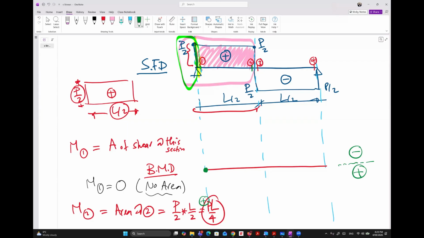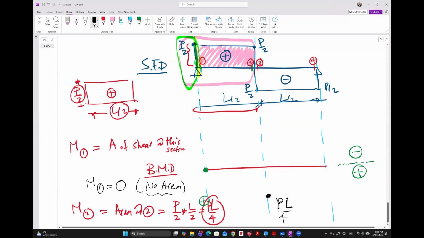So what is the sign convention for the moment? We put the positive below and the negative above the datum. So if the moment is positive, we put it below the datum. The moment here is BL over 4. Are you okay with this value?